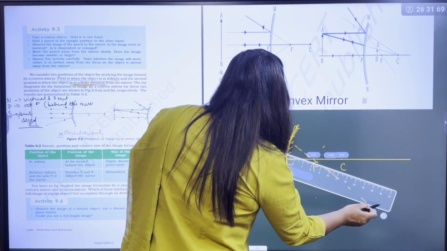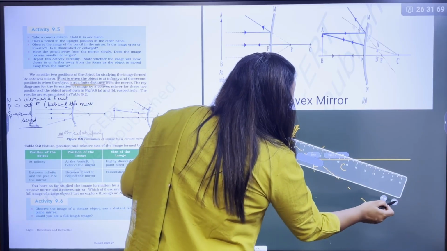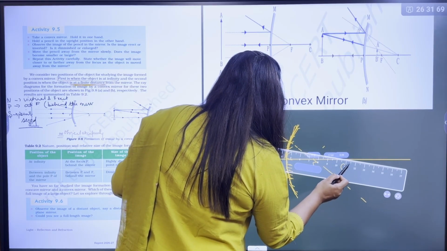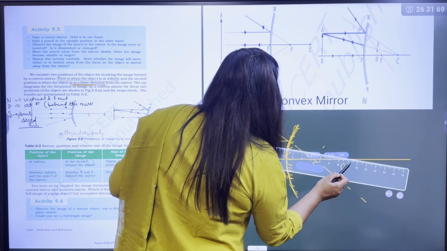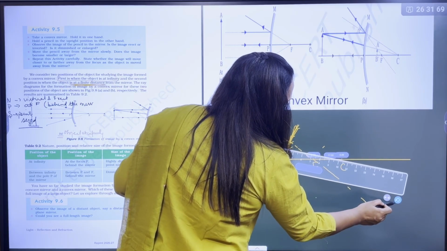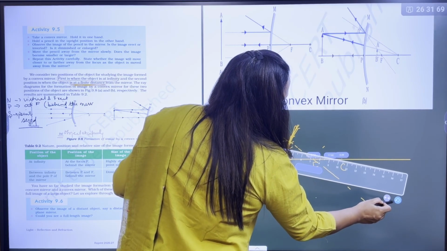I have to pass it from the tip of the object and see.